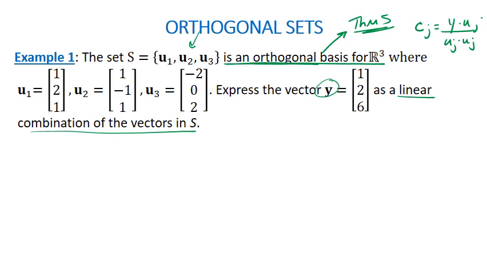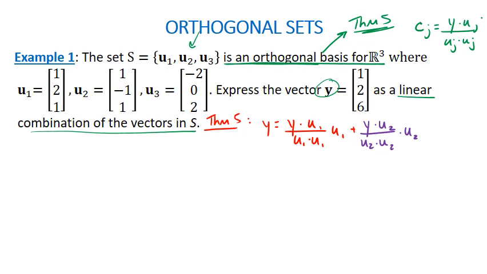So by theorem 5, we will find y to equal c1, the weight of the first vector, found by taking y dot u1 over u1 dot u1 times vector u1, plus the next one, y dot u2 over u2 dot u2 times vector u2.